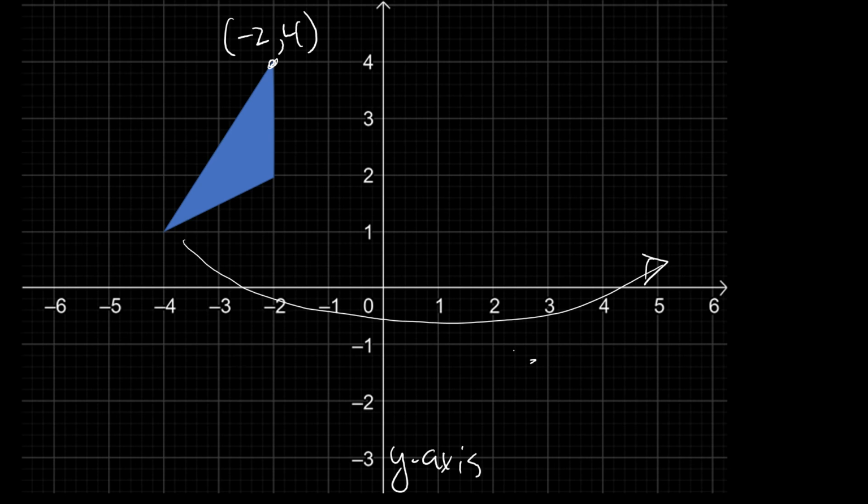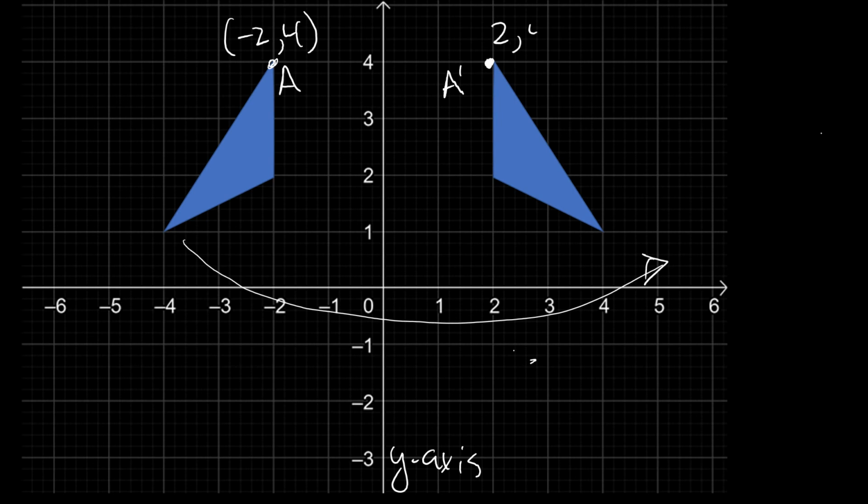And when I do that, this particular shape will move over here, and this point is the image of the original point. So we can say if this was point A, we would call this A prime, which means that it's the imaging point. It's the point that's imaged from A, and it's located at the point 2, 4.